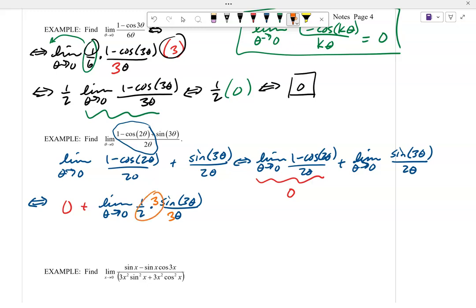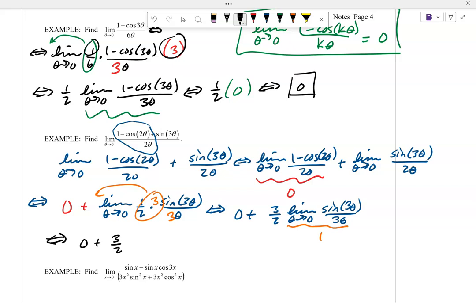And then I'm going to take that 3 halves out front. So we've got 0 plus 3 halves, limit theta approaches 0 of sine of 3 theta all over 3 theta. We know this is 1. So we've got 0 plus 3 halves times 1, which is just 3 halves.